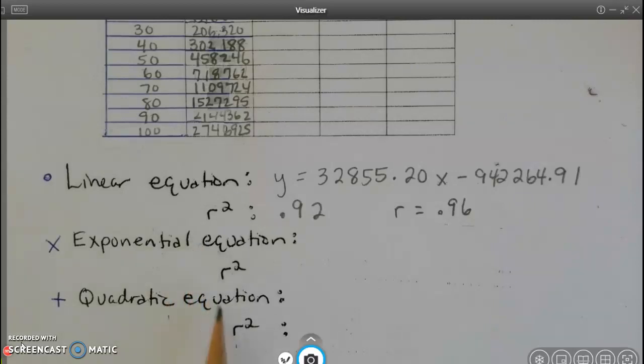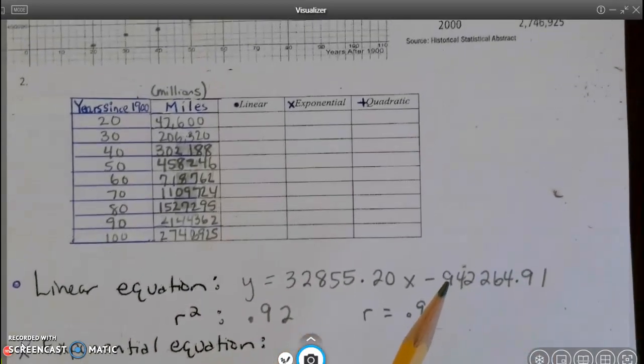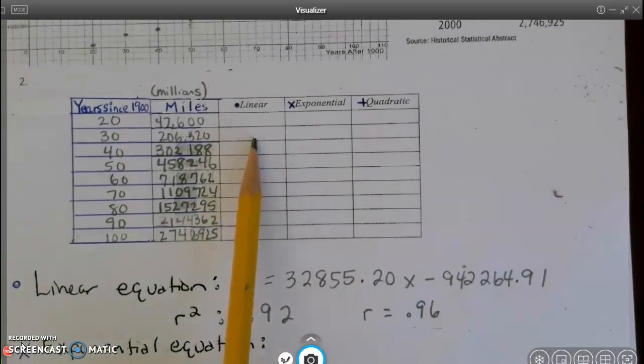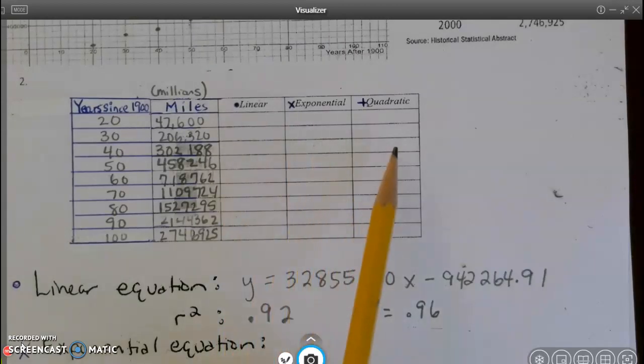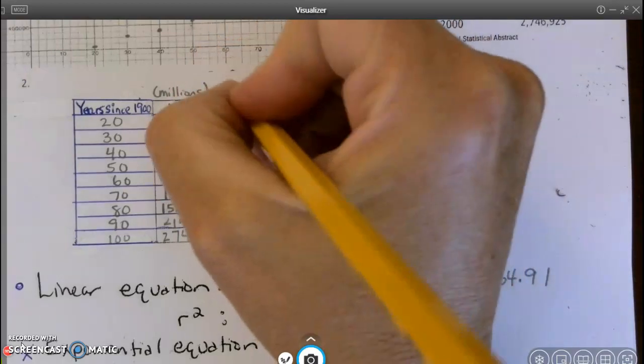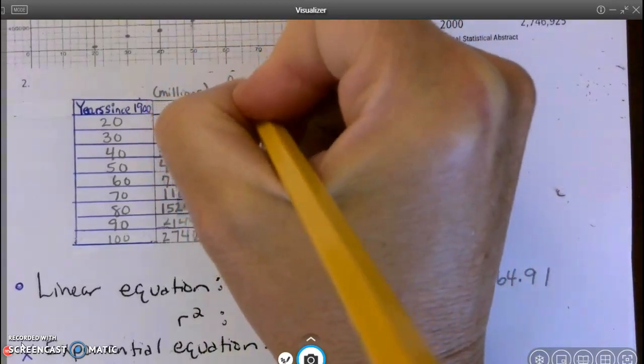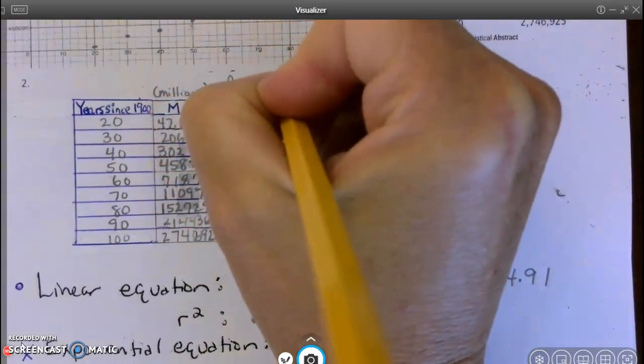Once you have found these equations, you're going to come up here and look at this table. What it wants you to do is find the linear predictions, the exponential predictions, and the quadratic predictions. You might want to note that these are all going to be predictions.